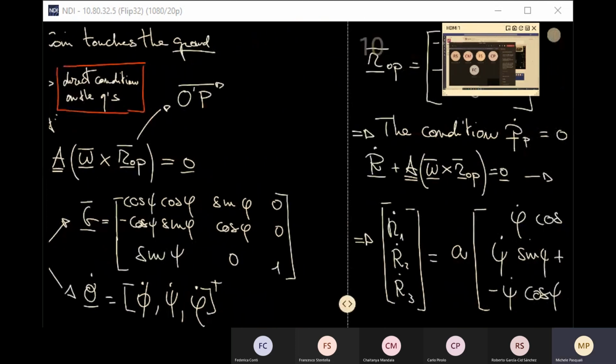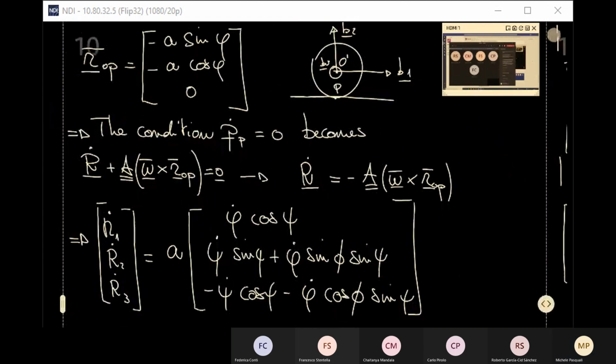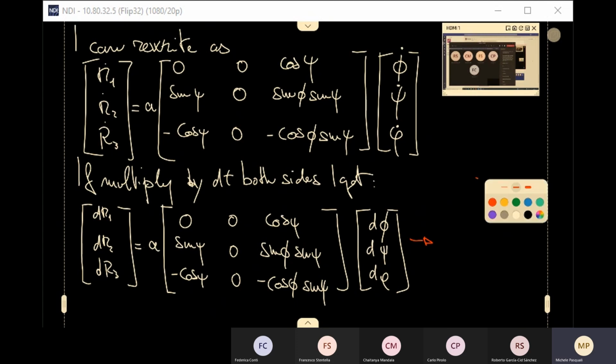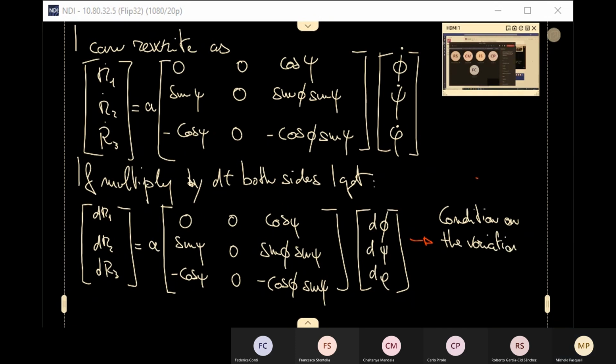While here, this is a condition on the variation of Q's.